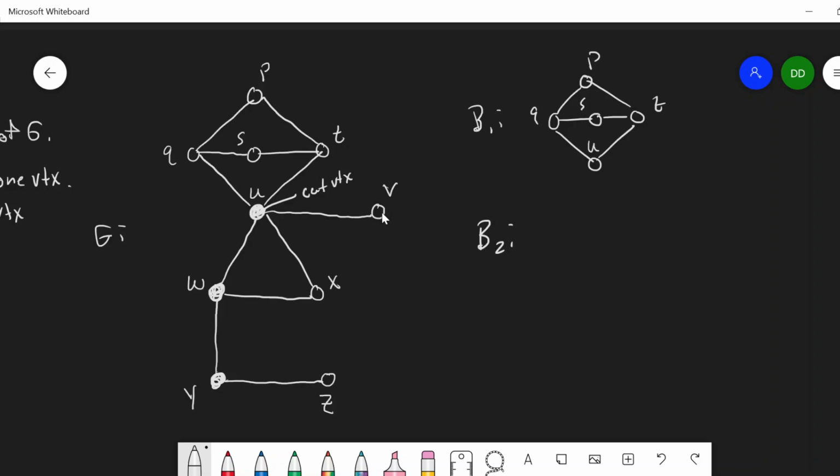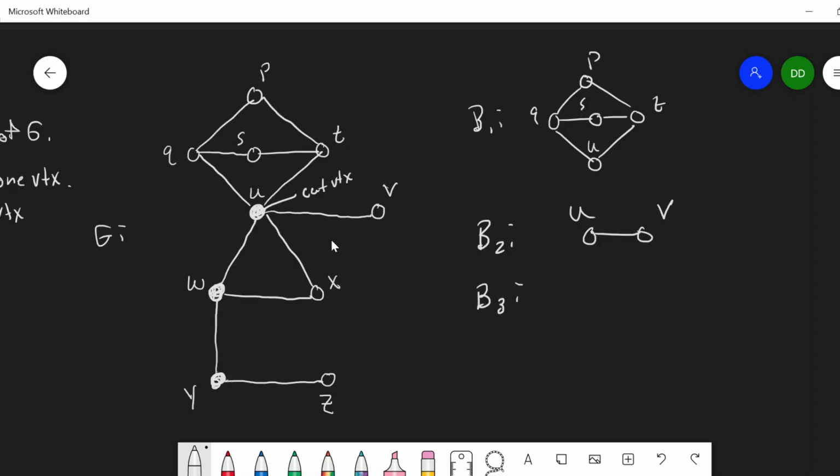If I include U and that vertex, that gives me another block, U and V. And since U is a cut vertex, if I add any other vertices coming off of this, then I won't be non-separable anymore. So this is non-separable and a maximal subgraph, so that's a block.